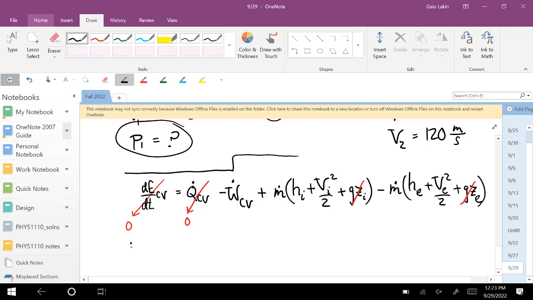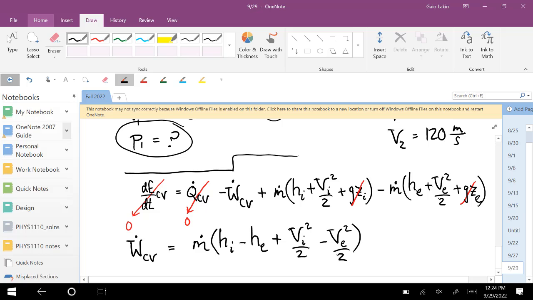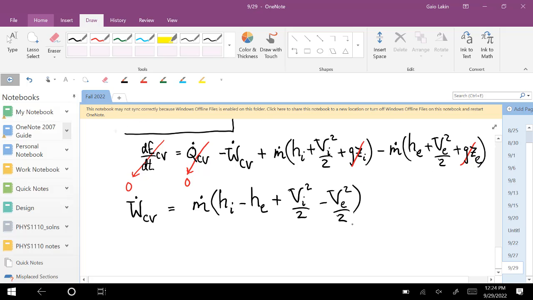And so you get W dot is equal to m dot times hi minus he plus Vi squared over 2 minus Ve squared over 2. So there's our simplified form. And we'll see what of this stuff we're given. We were told what the work developed is. That's 23 times 10 to the 6.